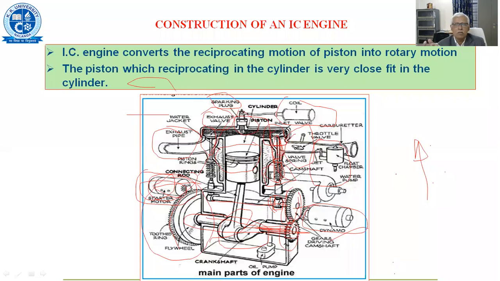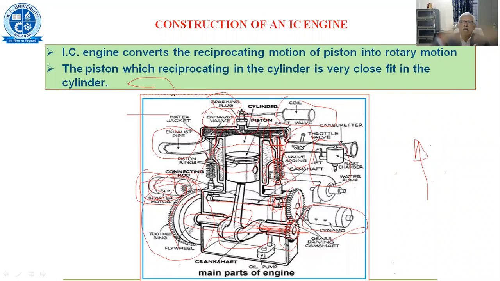Yet another system called the lubrication system. This lubrication system also needs some pump. Again, some energy is being spent in order to drive this mechanism. In the case of a simple engine, the rotating crankshaft itself will have a small provision, a small cup kind of thing.